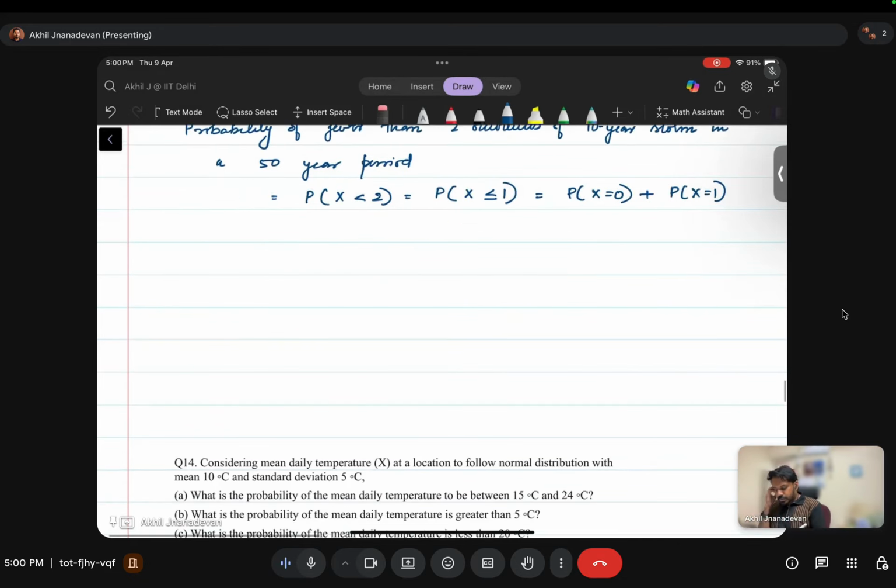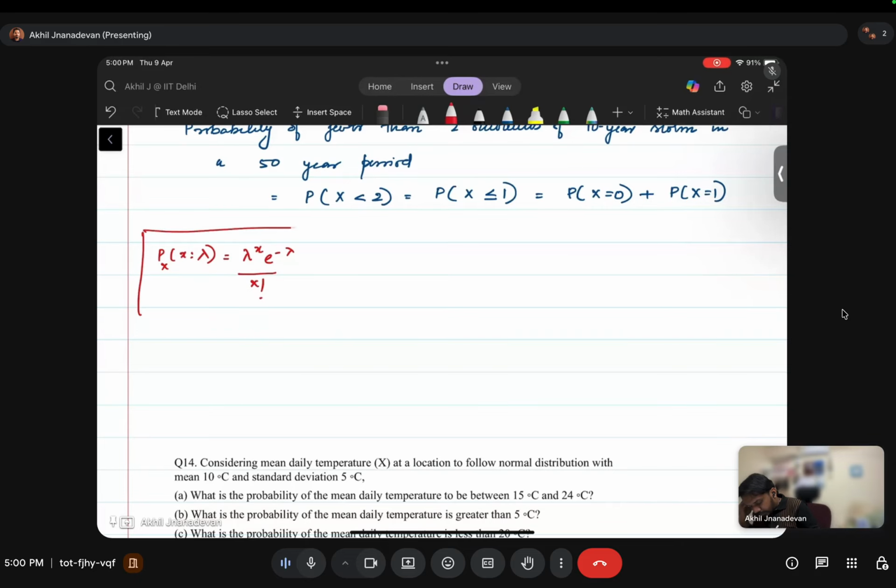So if you substitute it in the Poisson distribution equation, we just have to add two terms, right? The equation is P of X given lambda is equal to lambda raised to x, e raised to minus lambda, by x factorial.